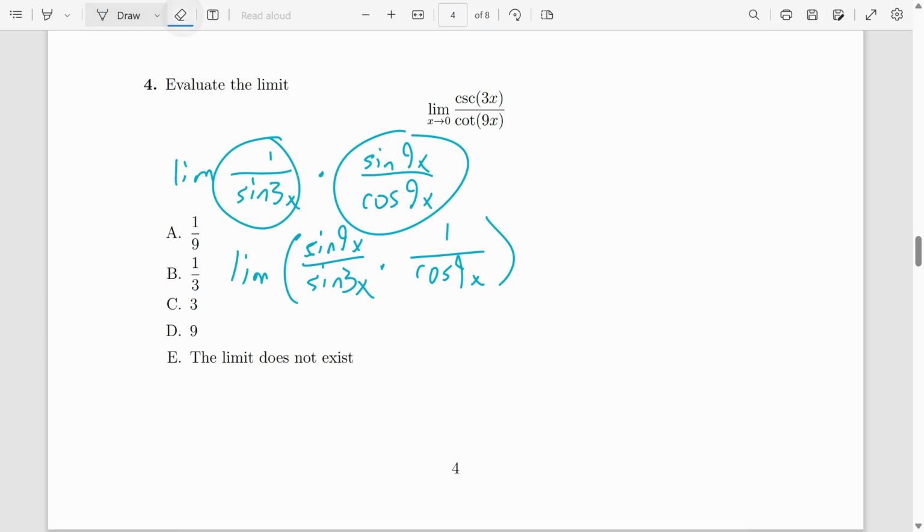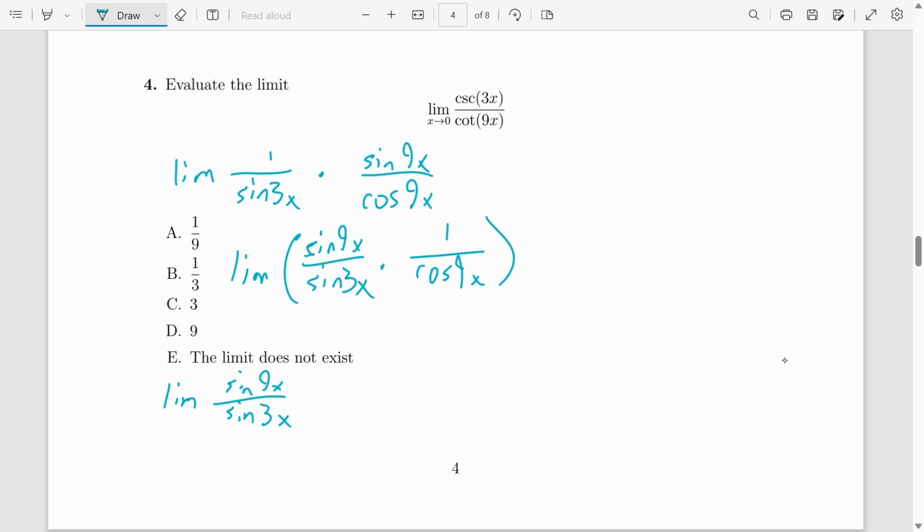These two are not very fun to take limits of. I already tried that. So we'll do the limit of sine of 9x over the sine of 3x times the limit of 1 over cosine of 9x.